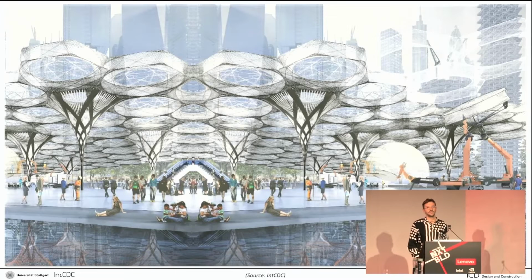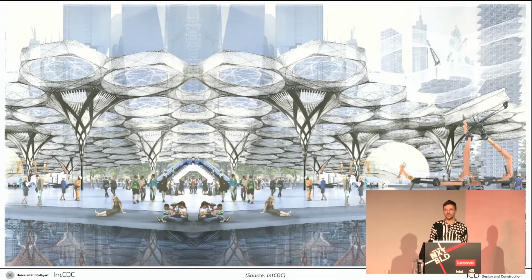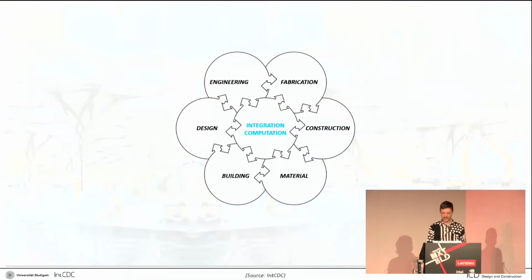And more specifically, we aim to develop fundamental computational design methods based on continuous and multidirectional feedback between the various facets of architecture. And so what does that mean?